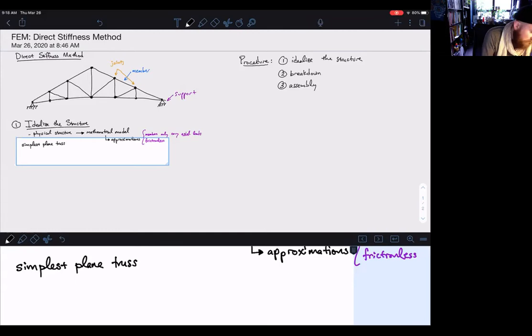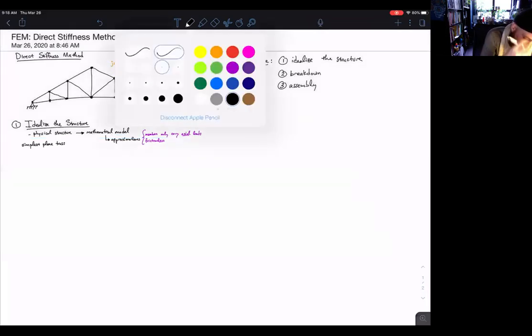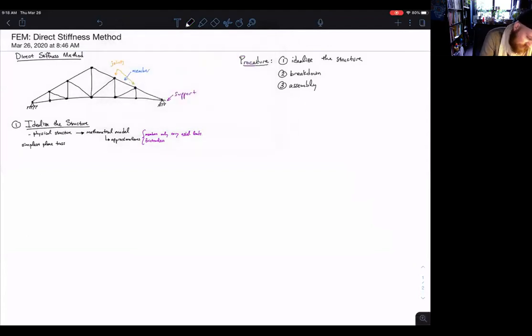And I'll draw that over here. So the simplest plane truss is going to be this right triangle.